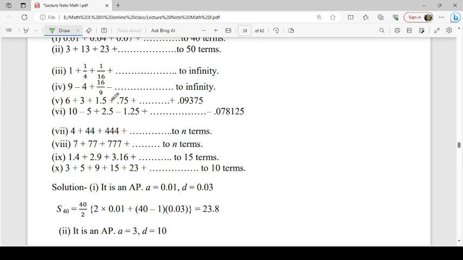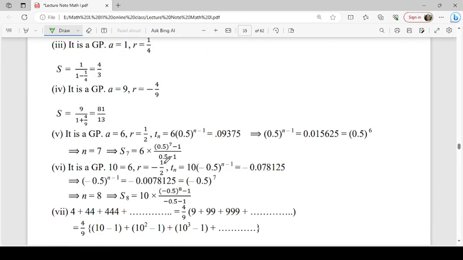This is a GP, 6, 3, 1.5, 0.75 and so on, so A is 6, R is half, and Tn is this value. By the formula, Tn is 6 into 0.5 to the power n minus 1, equal to 0.9375. Dividing by 6, 0.5 to the power n minus 1 is 0.5 to the power 6, so n is equal to 7, so this is S7.